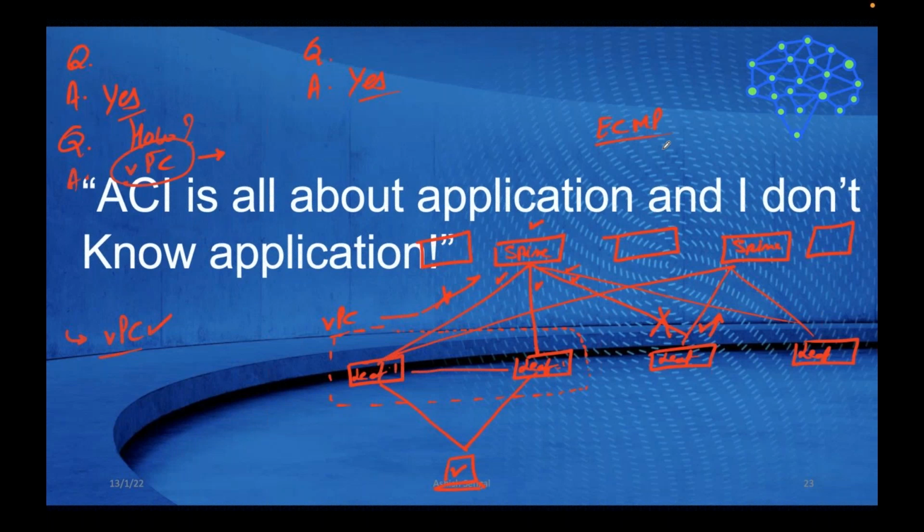In this particular architecture, who is the actual endpoint gateway switch? Are you asking from which perspective? Two leaf switches belong to one VPC, right? Two leaf switches are connected to the spine switches.